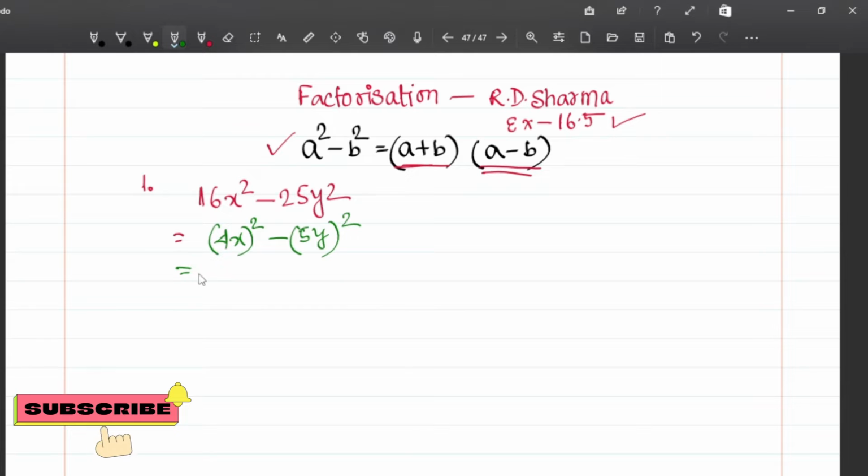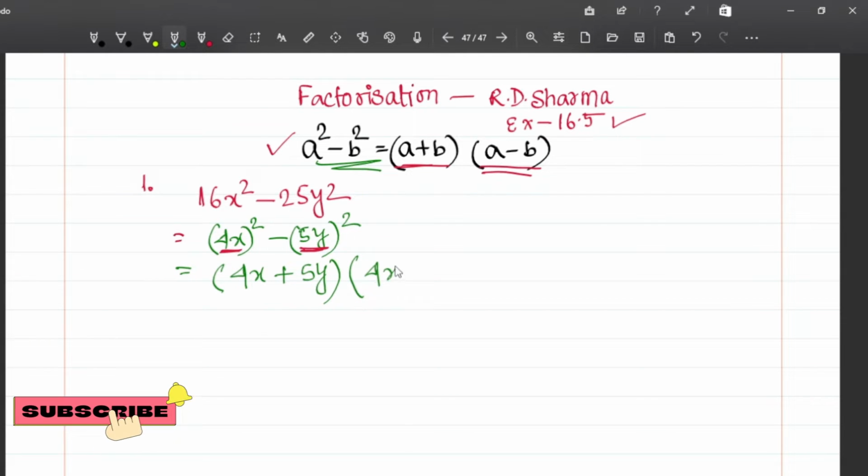So clearly compare with this formula, 4x is the a and 5y is the b. So here we can write 4x as a plus 5y multiplied with 4x minus 5y. That is your answer.